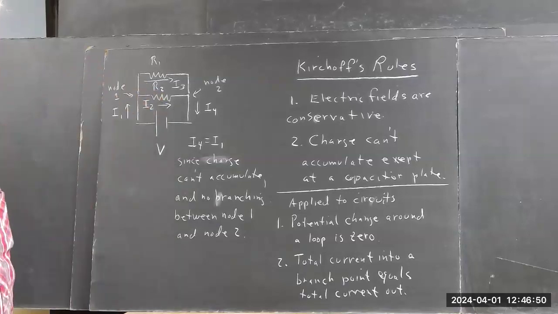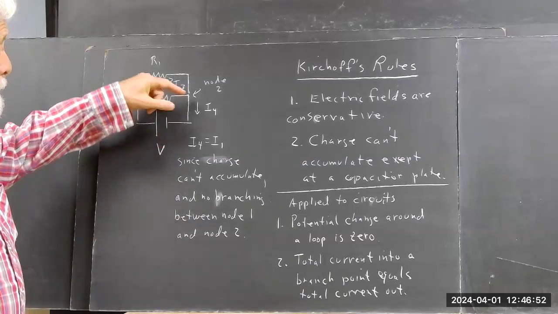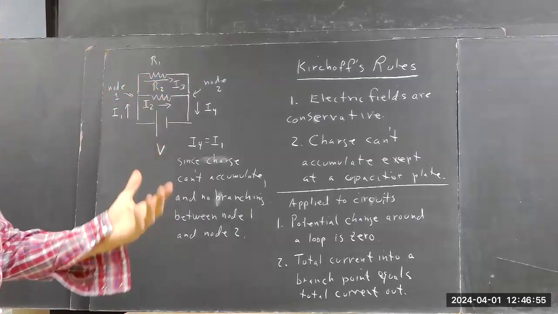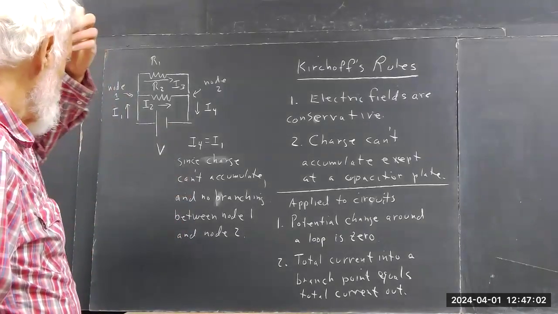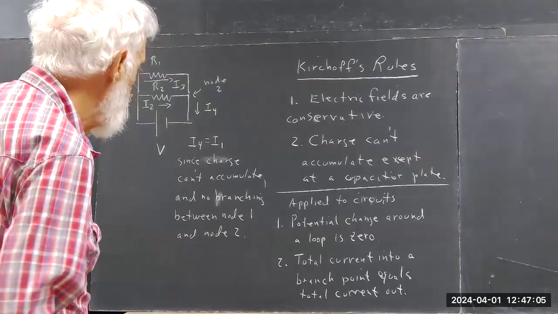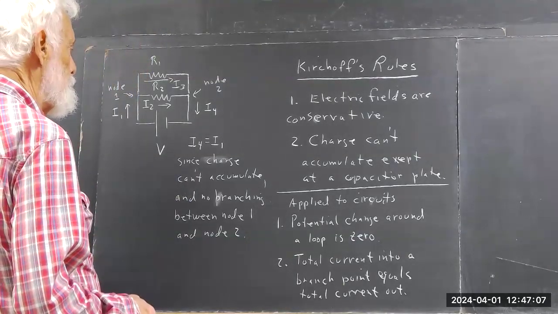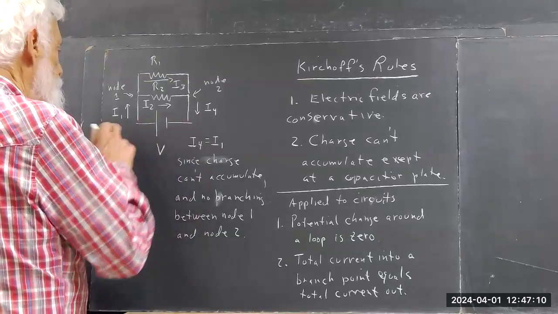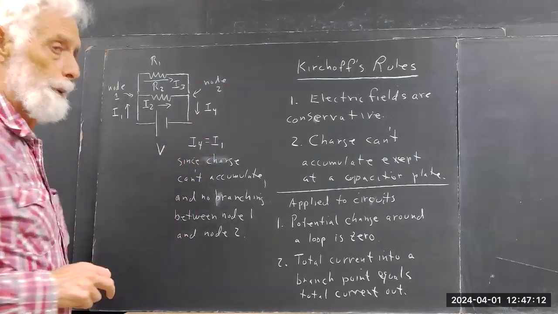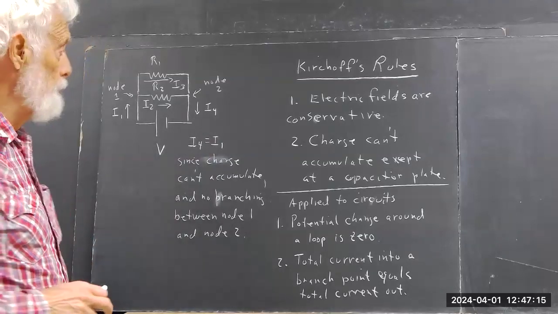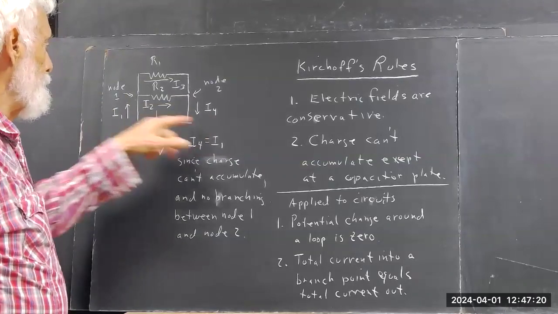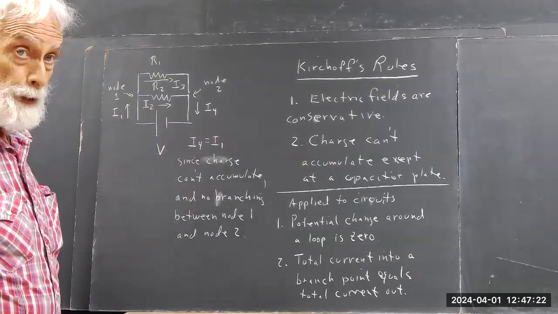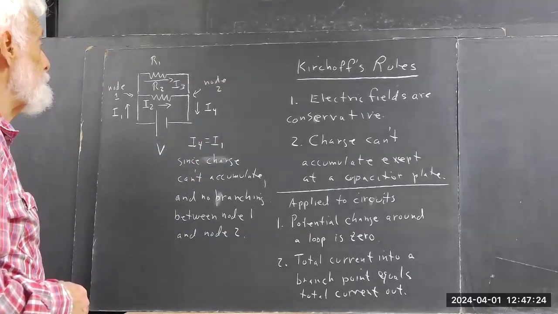There are 3 possible paths for the current, 3 possible currents that come together at these nodes. So I4 equals I1. I'm going to leave that label I4 for right now. Normally you would know that there's no branching between the nodes, so if this is I1, this has to be I1.